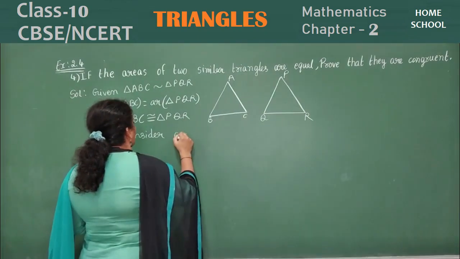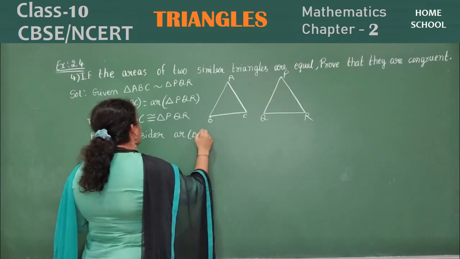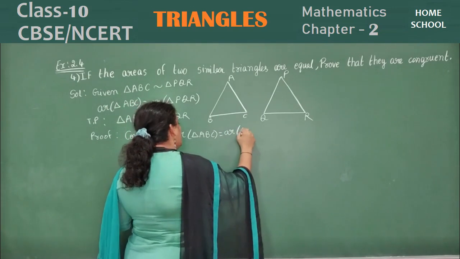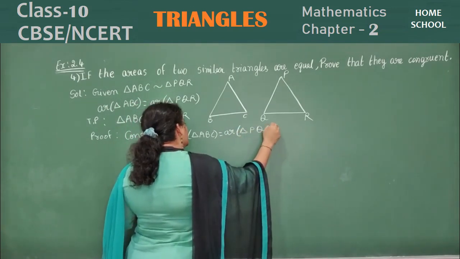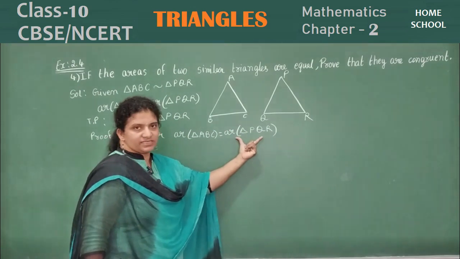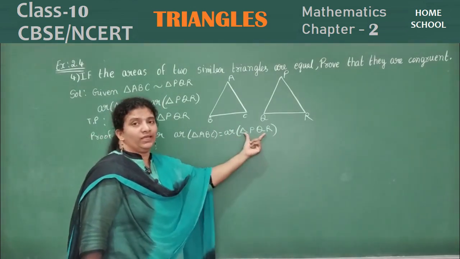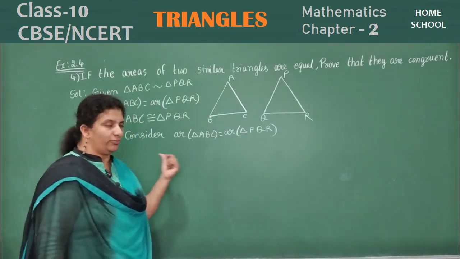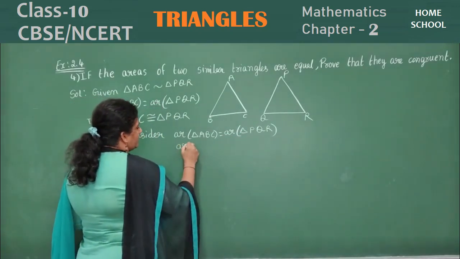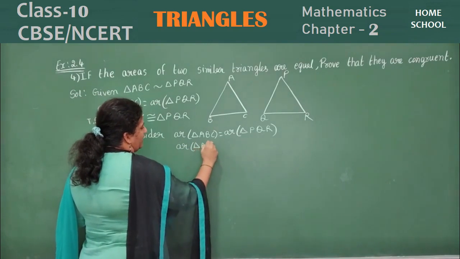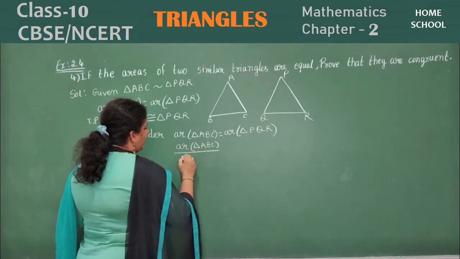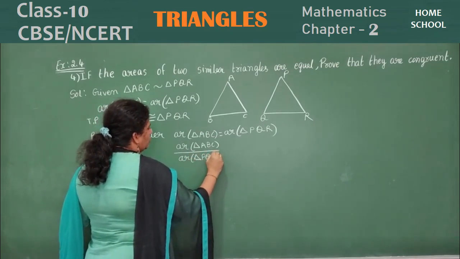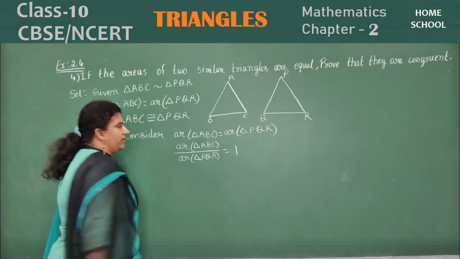Consider area of triangle ABC is equal to area of triangle PQR. So look here carefully, children. This side, send in the numerator here. If you bring the other side, it comes to the denominator. So now rewrite this: area of triangle ABC by area of triangle PQR is equal to 1.